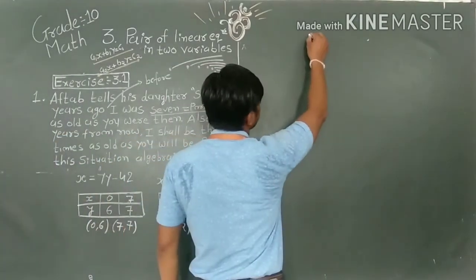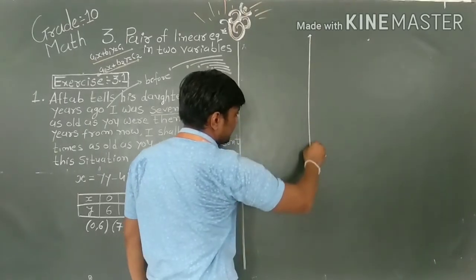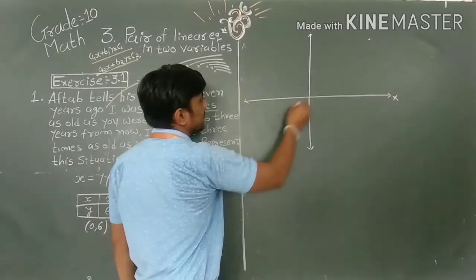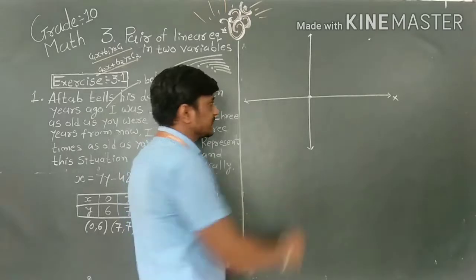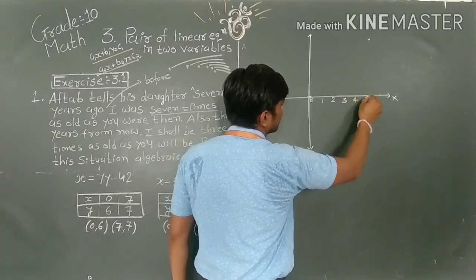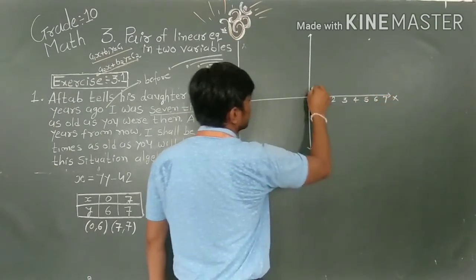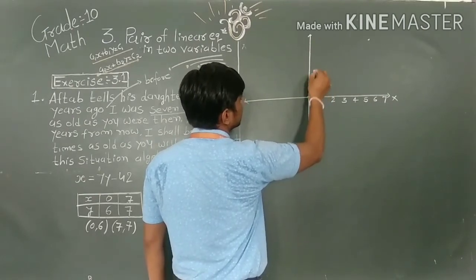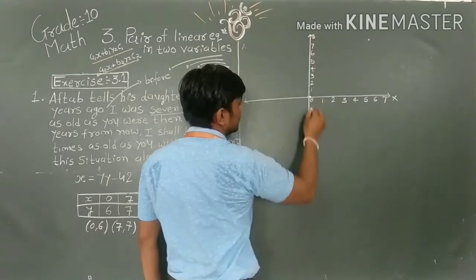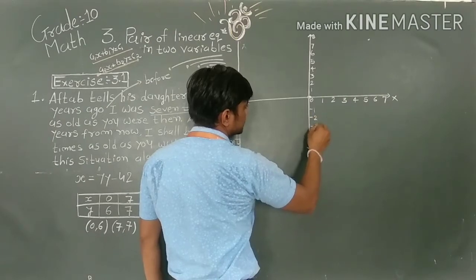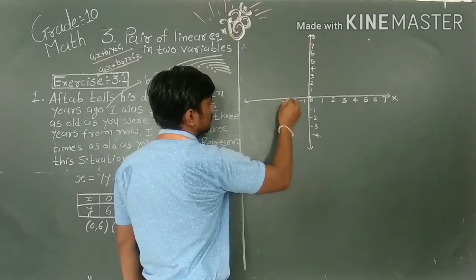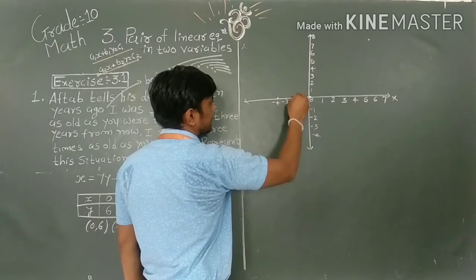Look, suppose this is a rough graph, with the vertical line, that means the y-axis, and the horizontal line, that means the x-axis. The intersection of both is called the origin. On the positive side we mark 1, 2, 3, 4, 5, 6, 7, 8, and on the negative side -1, -2, -3, -4, and so on.